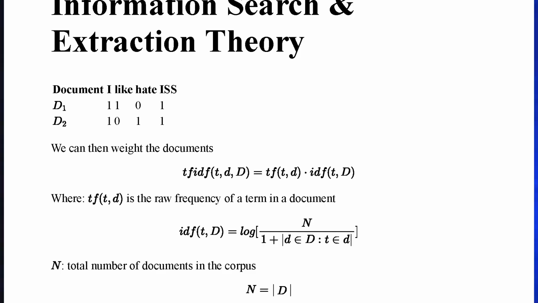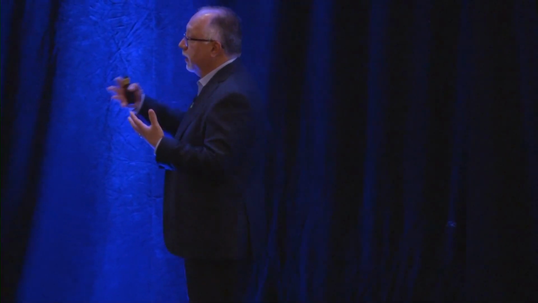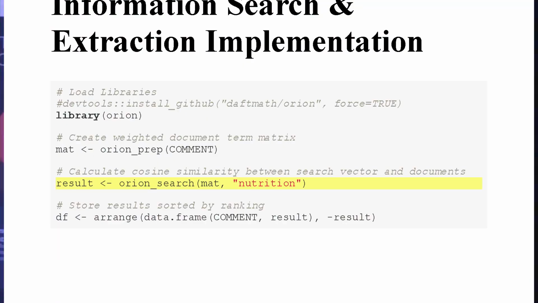And then we go look for information search and extraction theory. We're using a cosine similarity to look at the sentences and the words and how closely they're related together. Again, more information we can put back into our graph database, and I'll show that example in a little bit as we go through here. In this particular case, having done that cosine similarity and getting the term frequency, inverse document frequency, we can request a result from the data set that has the term nutrition.